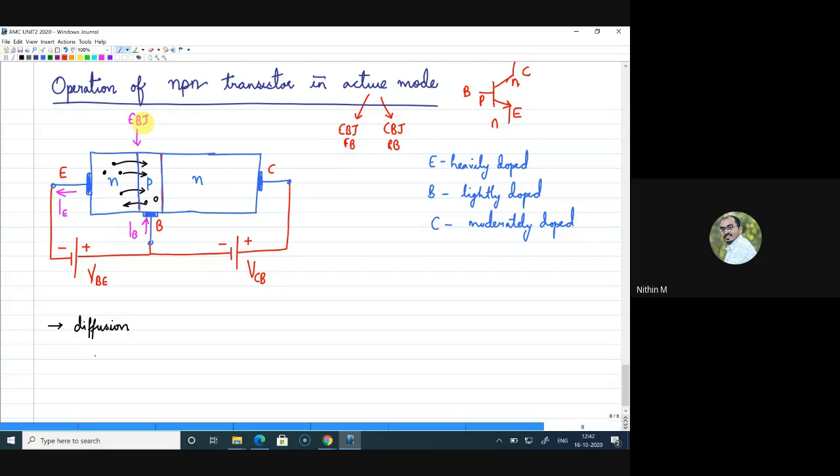And one more thing is, the base is very lightly doped, but a large number of electrons are coming to the base. Some will recombine with the holes there, right? But the rest, which are many, will be available in the base, and those electrons will be attracted by the electric field set up in this depletion region.